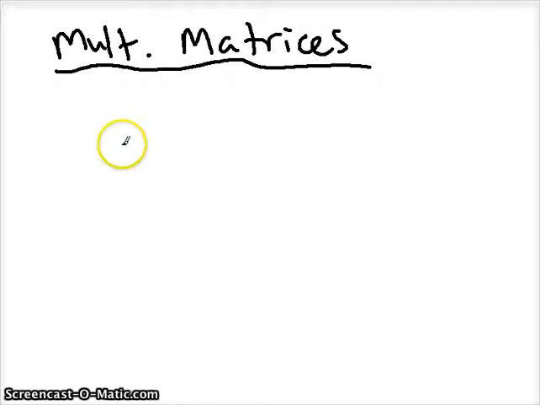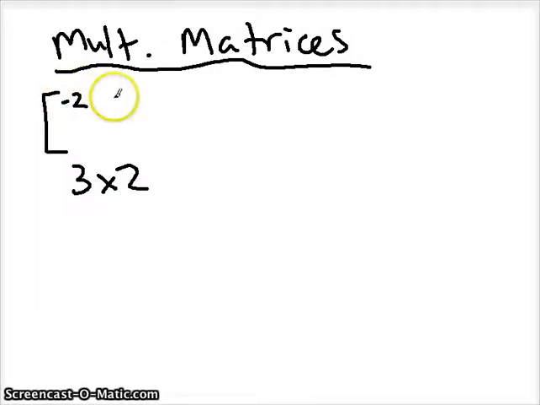In order to multiply matrices, one thing you can do to give yourself a clue as to what the outcome should look like is based on the size. Let's say that we had a 3 by 2 matrix. That would look something like 3 rows and 2 columns.